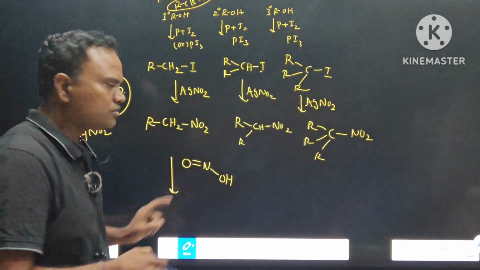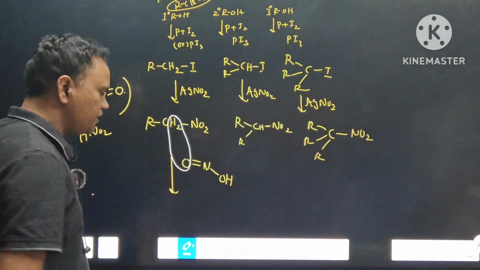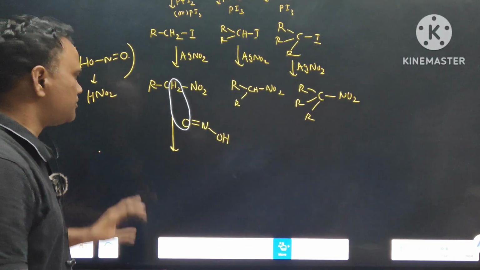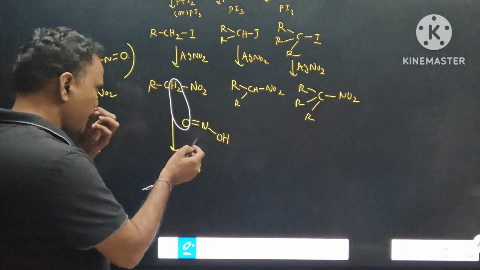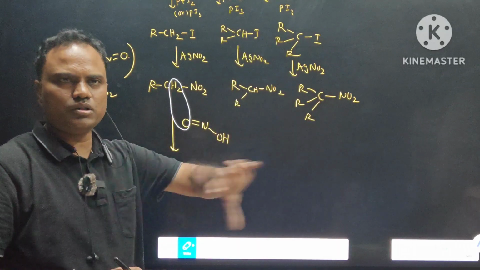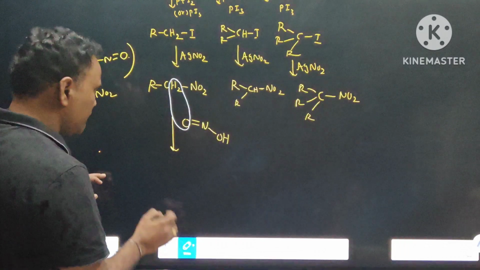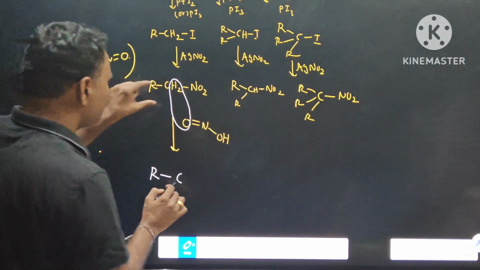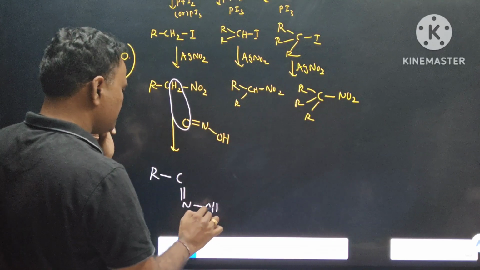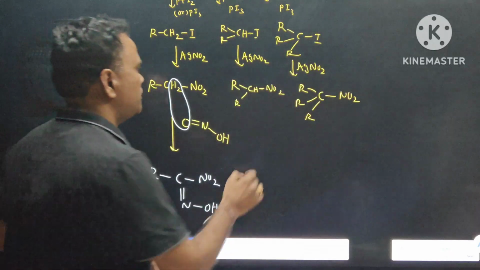Here one oxygen and 2 hydrogens are there now, so both are eliminated as water, minus H2O. Here we are adding HNO2. Finally, I will give you all these reactions under a single arrow. What you will get here is R, C, a double bond N, OH, NO2. Clear? Next.